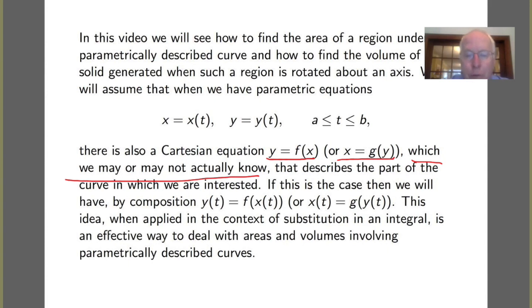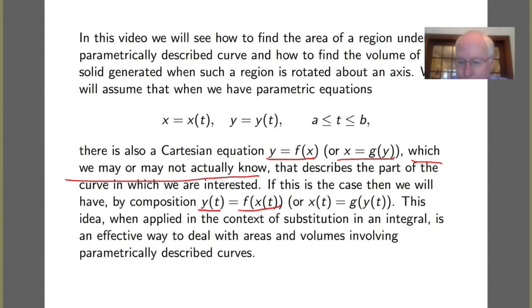Now, if we assume there is such a function, y equals f of x, say, and x equals x of t, then by composition, y as a function of t will be found by substituting x of t for x in the f equation.